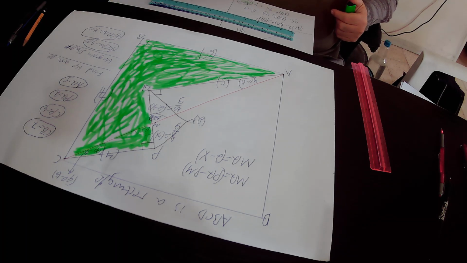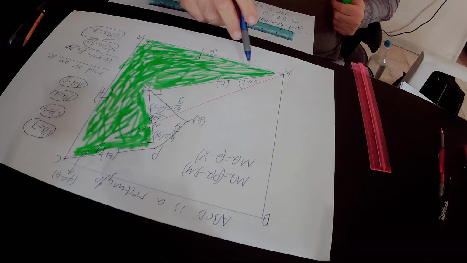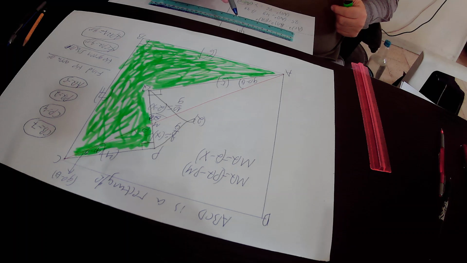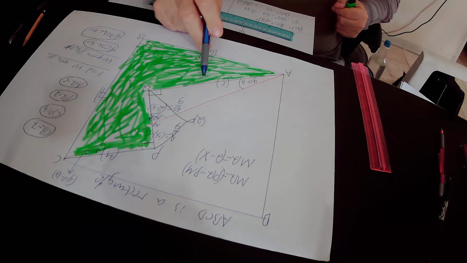Because the area of the big right triangle consists also of the area of this white right triangle AMQ, and we are interested only in the green area, we have to subtract from the area of the right triangle ABC the area of this right triangle AQM.